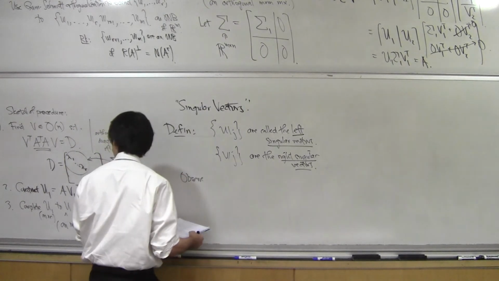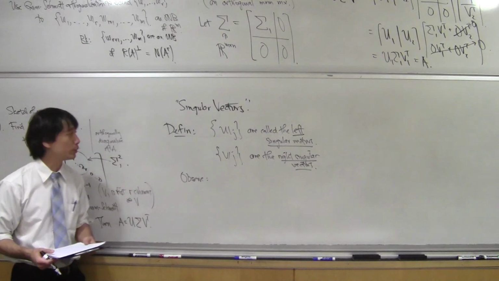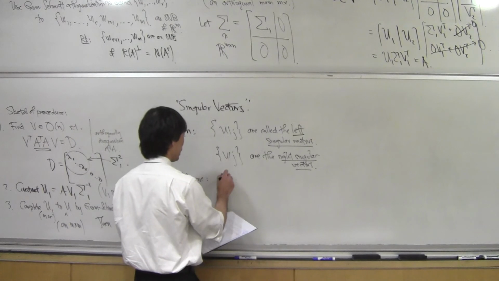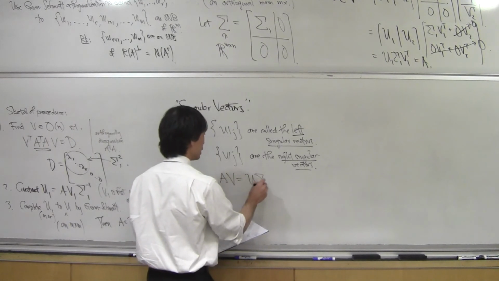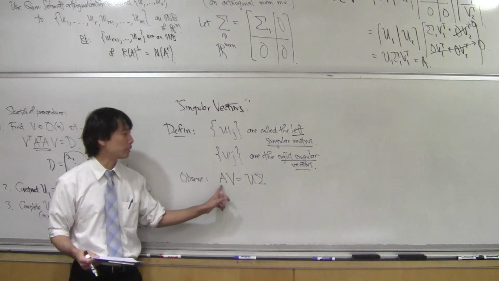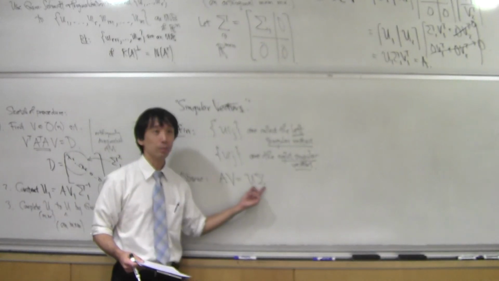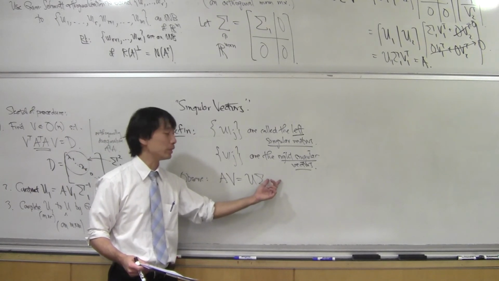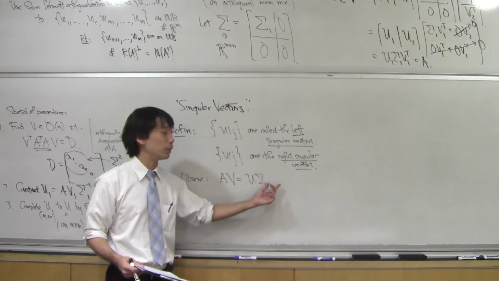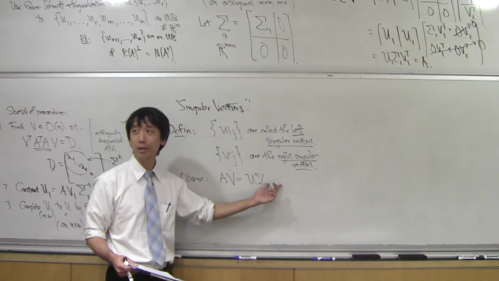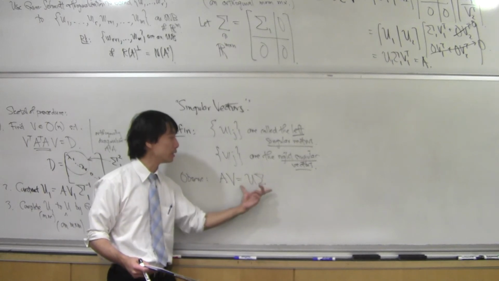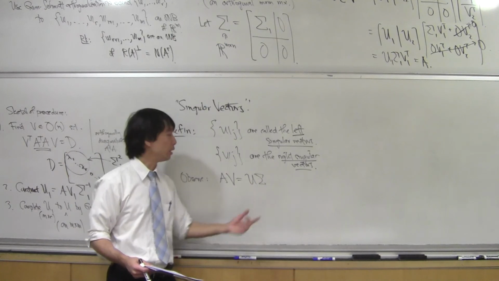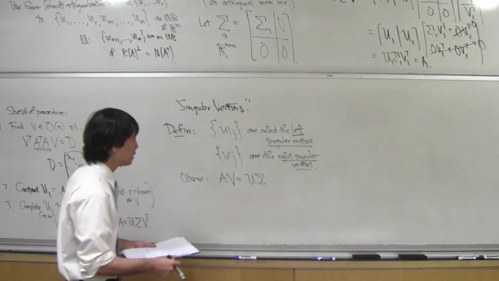Okay, so observe. There's actually a relation between the left and right singular vectors. AV equals U sigma, right? Because A is U sigma V transpose, but V transpose is V inverse because V is orthogonal. So you multiply by V on both sides, and you get AV equals U sigma times I. Okay. So what does this tell you?